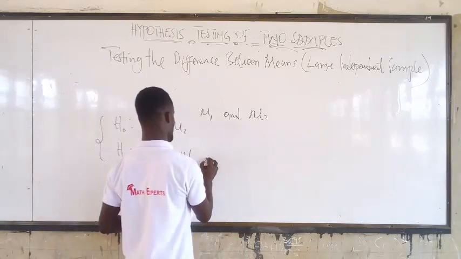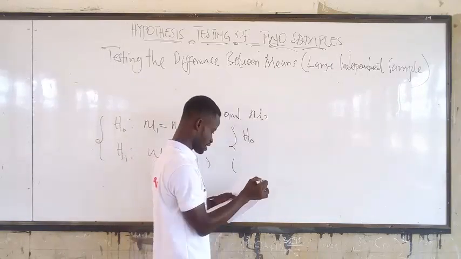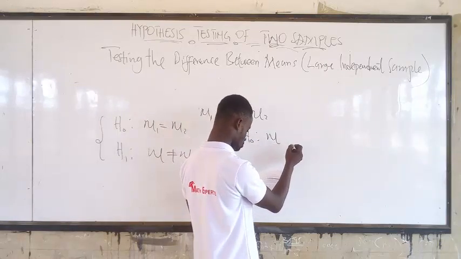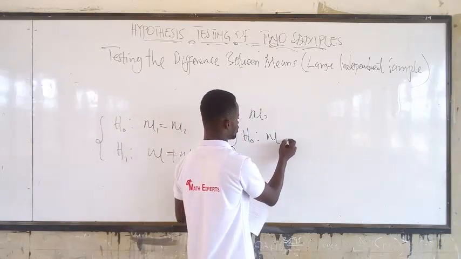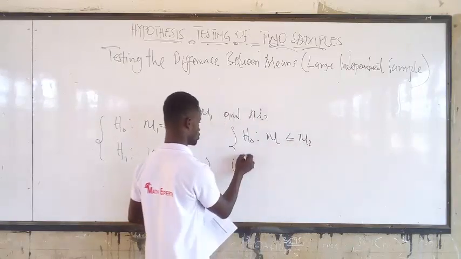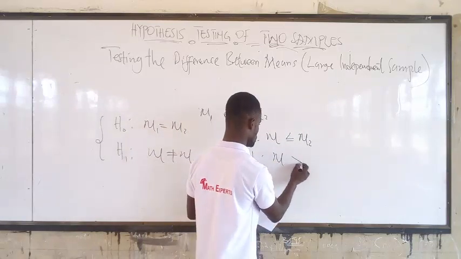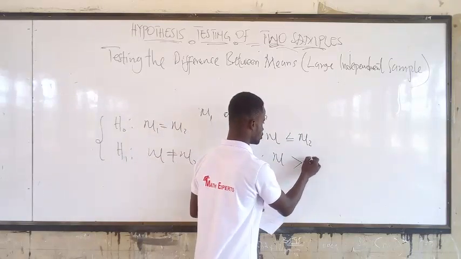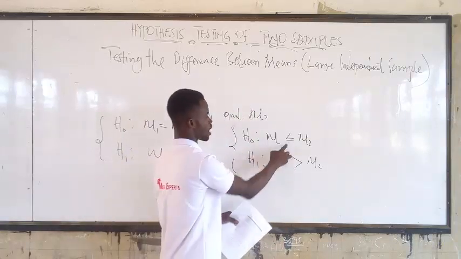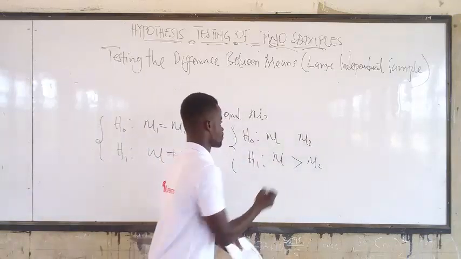Another one is that we can get a null hypothesis where the statement is less than or equal to mu2. Then the alternate will be greater than mu2. And with this one, it's still the same as writing it for equal to.